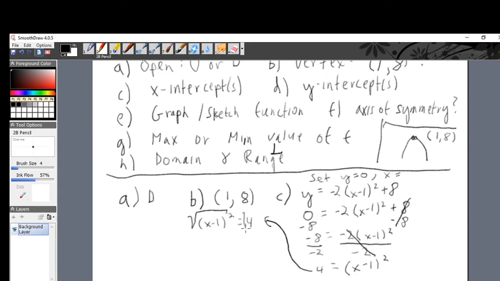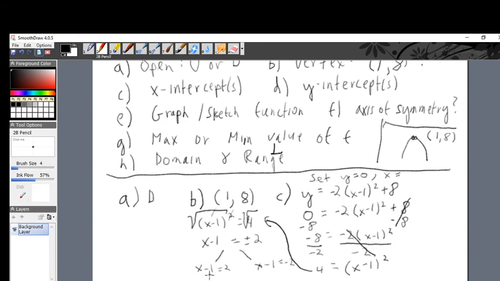Whatever you do to the left, you have to do to the right. You take the square root of the right. This becomes x minus 1, because the square and the square root cancel each other out. And the square root of 4 is plus or minus 2. There are 2 roots of 4, plus or minus. And now we branch. x minus 1 is equal to 2, and x minus 1 is equal to negative 2.